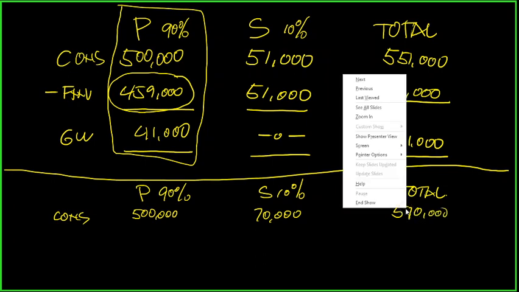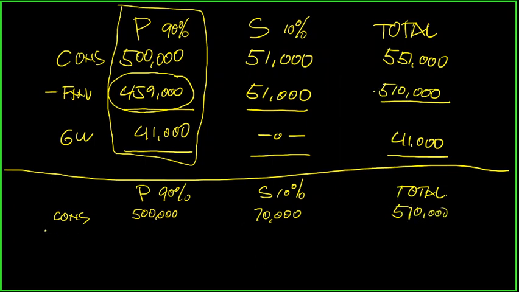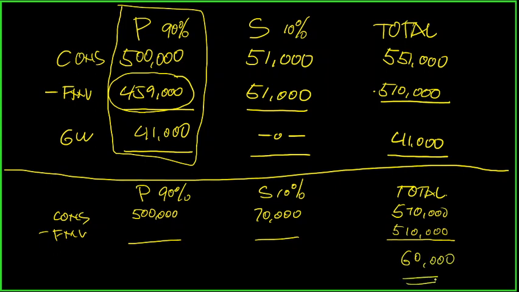Ang pangit ng 570 ko. Less the fair market value of your net assets. In this case, it's 510. Let me fix this for you, para magmukha siyang 570. Now you have a goodwill of 60,000 pesos.